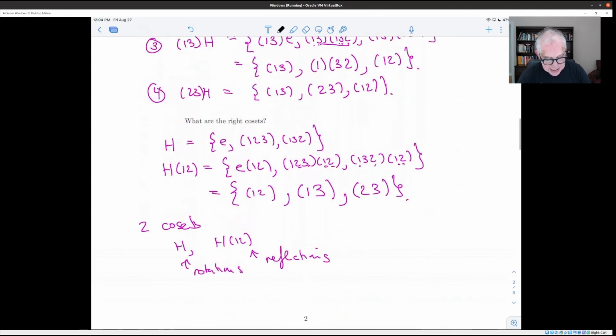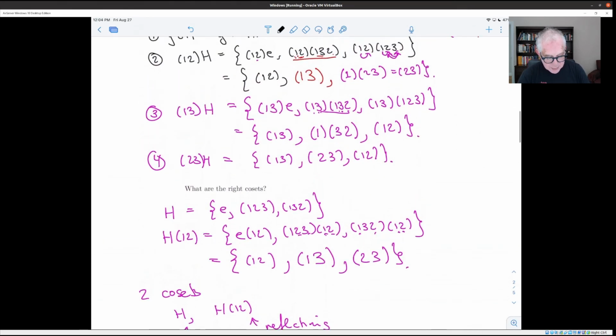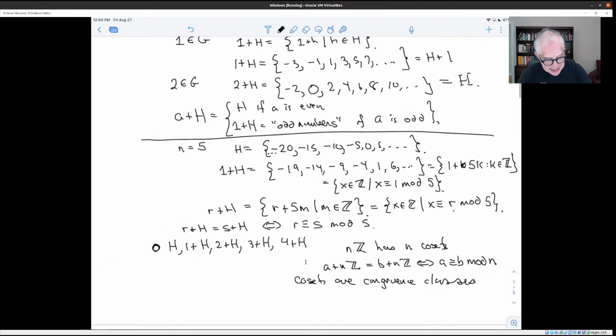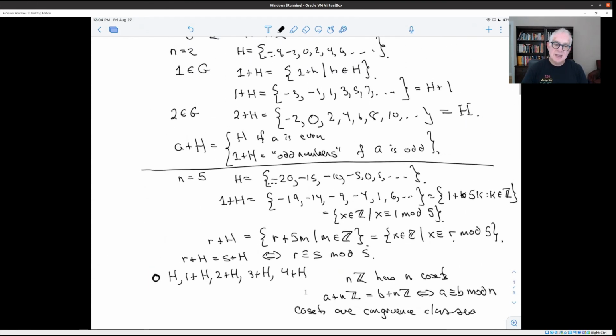And in our earlier example, where we looked at the subgroup generated by rotations, there were 2 cosets. 1 coset consisted of the rotations, the other of the reflections. Every element belonged to exactly 1 coset. There's no intersection between the 2 different cosets. And in our abelian example, where we looked at the congruence classes, we already know that the congruence classes partition the integers into disjoint sets.